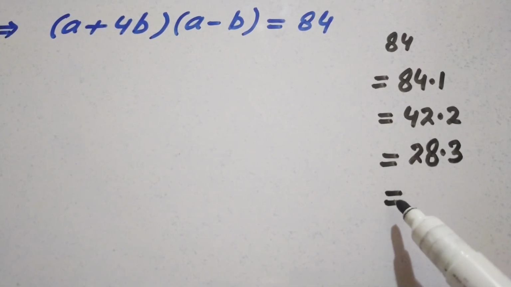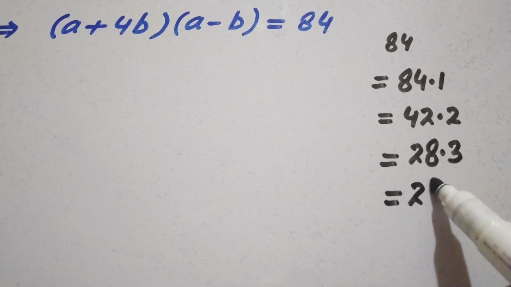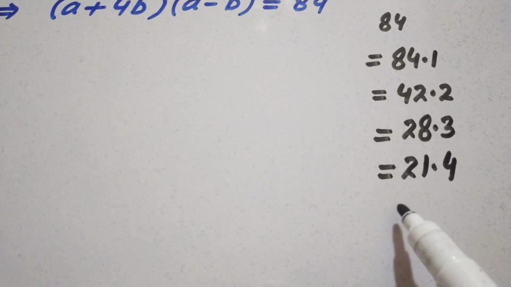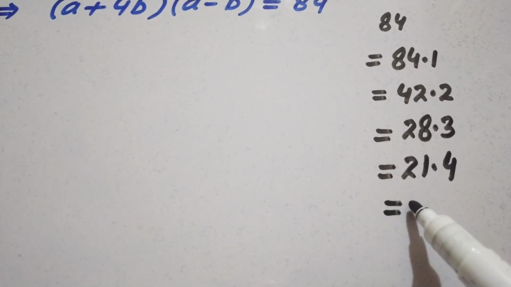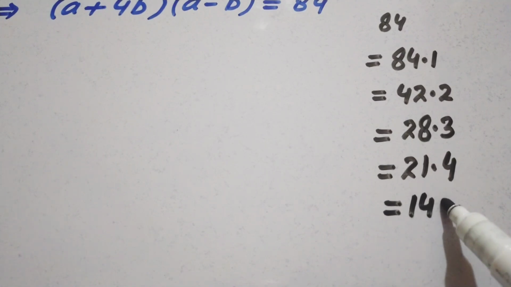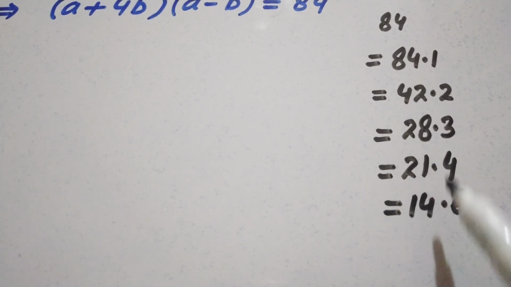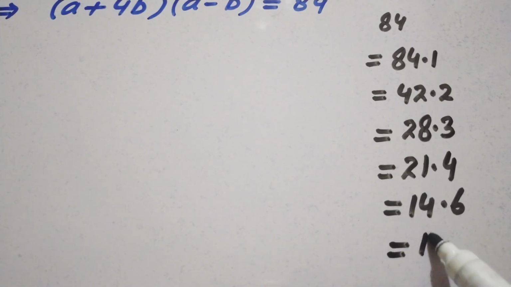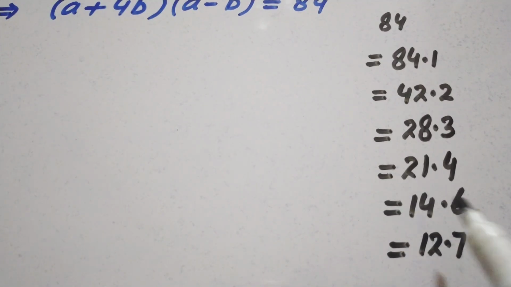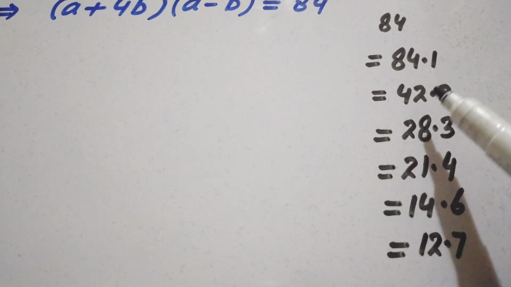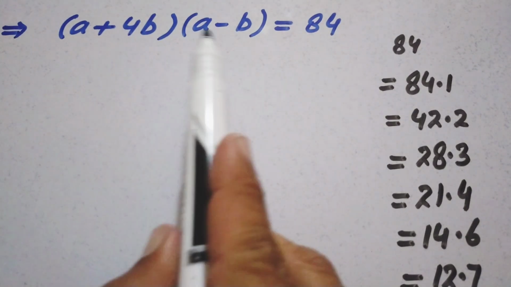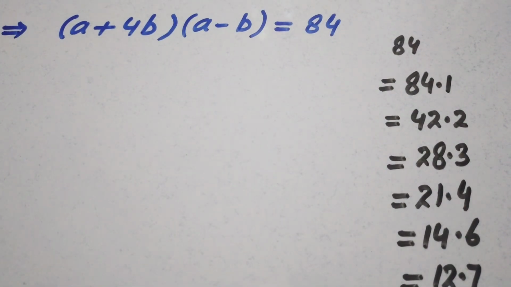The fourth, 21 multiplied by 4, gives us 84. Another factor, 14 multiplied by 6, gives us 84. And 12 multiplied by 7 also gives us 84, in such a way that a plus 4b is greater than a minus b.